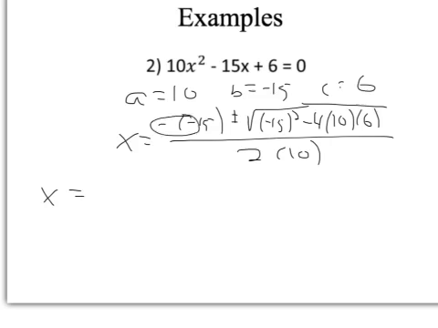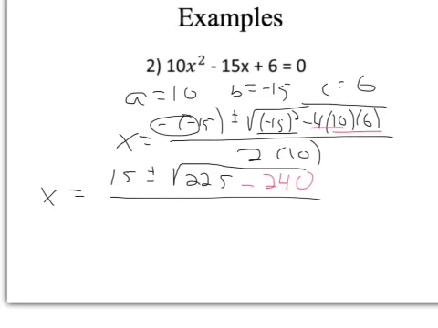Okay. Negative 15 becomes positive 15. Then I can do negative 15 squared is 225. And then negative 4 times 10 is negative 40. And negative 40 times 6 is negative 240.